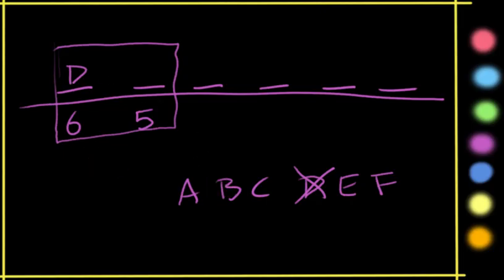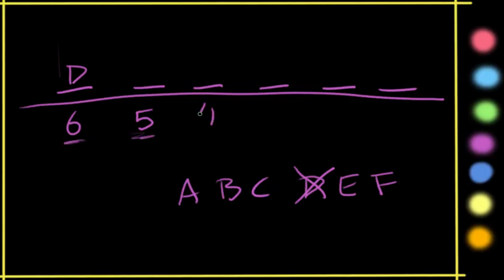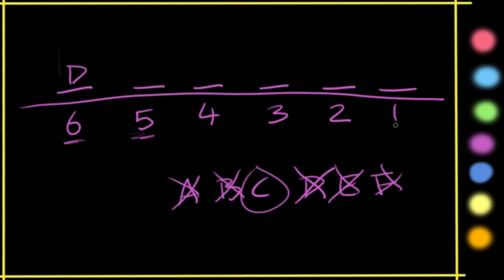But if I wanted to arrange all 6, there would be 6 possibilities here, 5 here. Then once I pick those 2, there's only 4 possibilities for that one here, 3, 2, and then once you've picked all the hats on the first 5 slots, there's only 1 left. So it's just 1, and you multiply these all together.